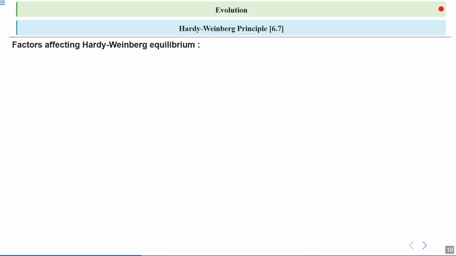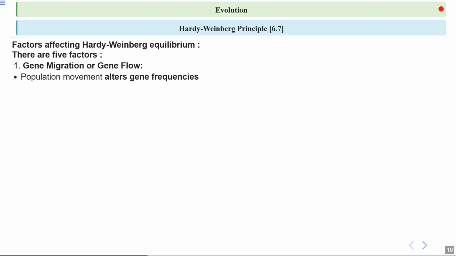Now let's talk about the factors affecting the Hardy-Weinberg equilibrium. What are these factors? Basically there are 5 factors which affect the Hardy-Weinberg equilibrium. First is gene migration, or gene flow. Population movement can alter the gene frequencies.